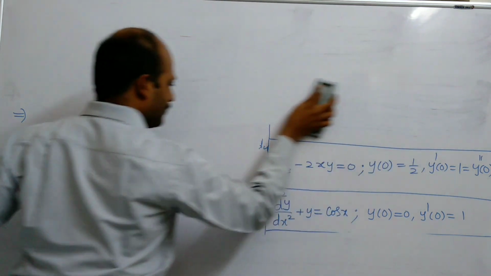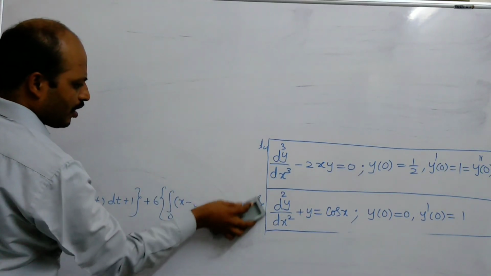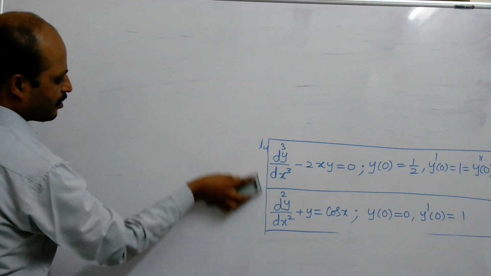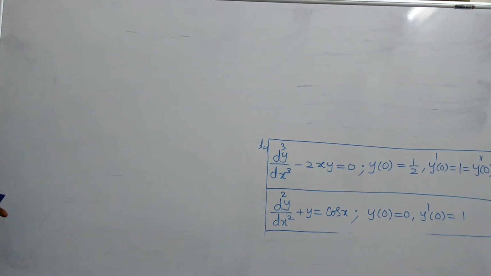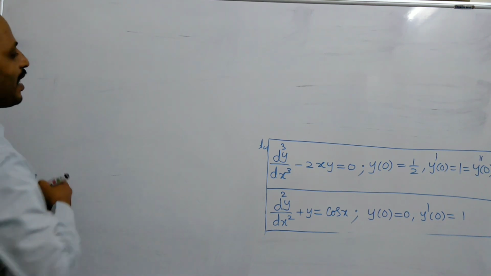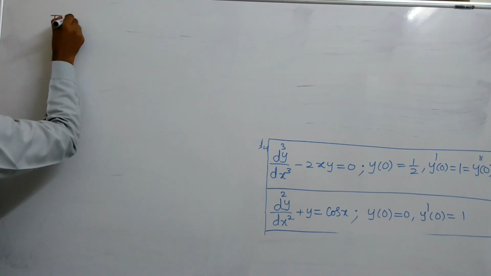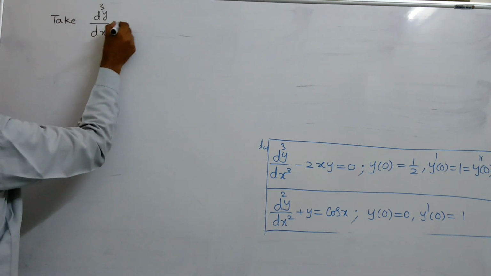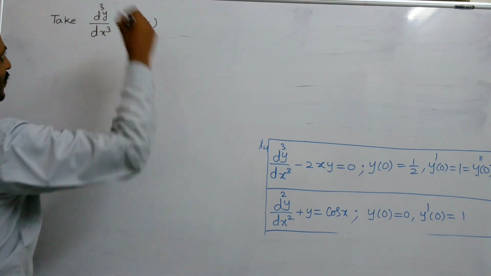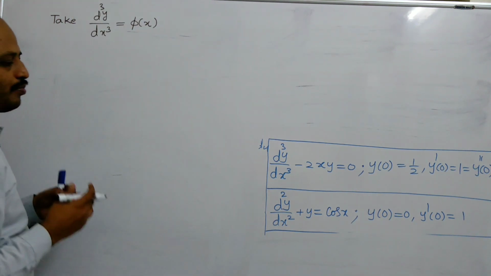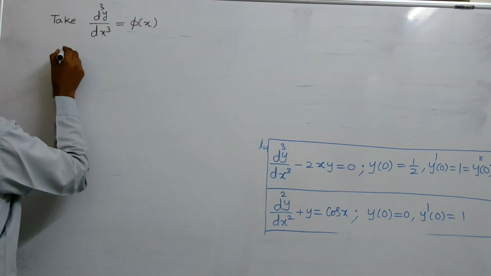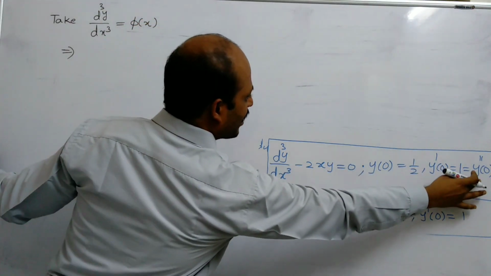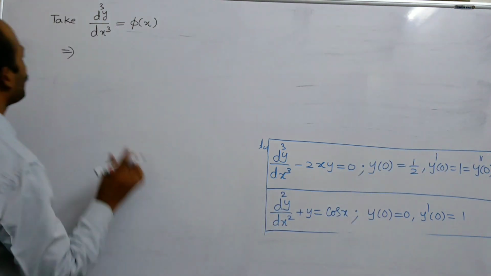If the third order differential equation is given, then you must write d cube y by dx cube is equal to phi of x. Here the boundary conditions, you observe that y of 0 is 1 by 2, y double dash of 0 is 1, y dash of 0 is also equivalent to 1.